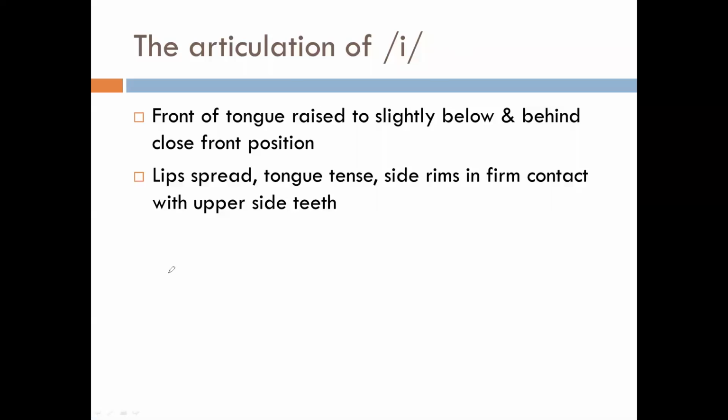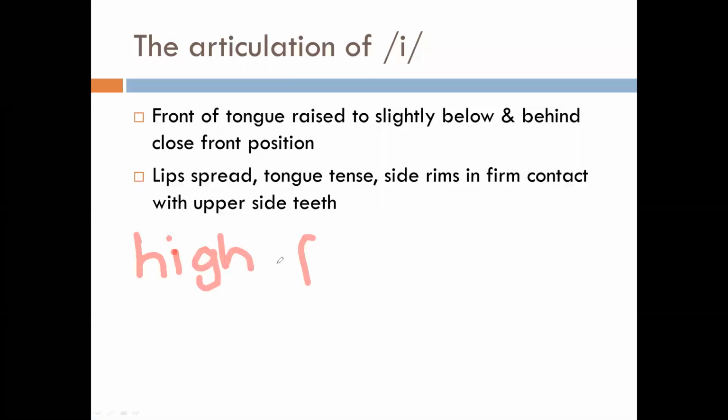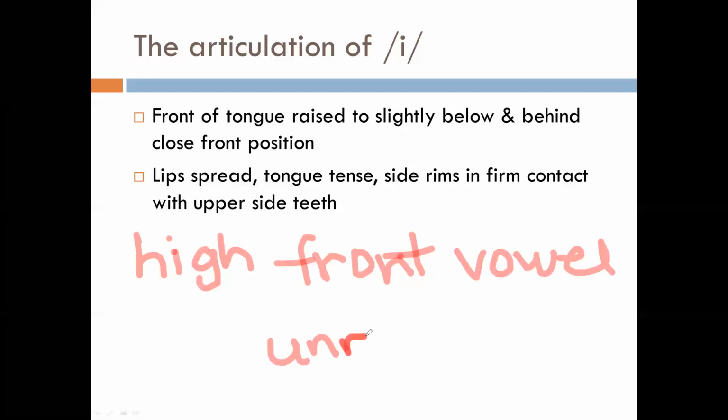All right, but the important thing to remember, you need to start remembering these very basic terms, is that it is a high front vowel. That's how we're going to describe it. It's a high front vowel, and it is also unrounded.